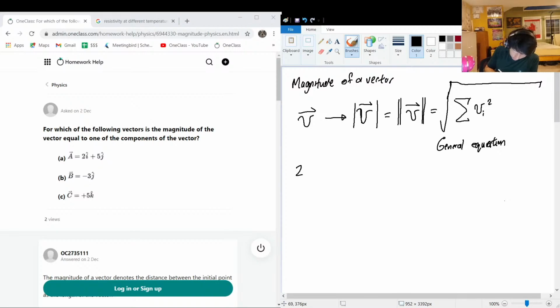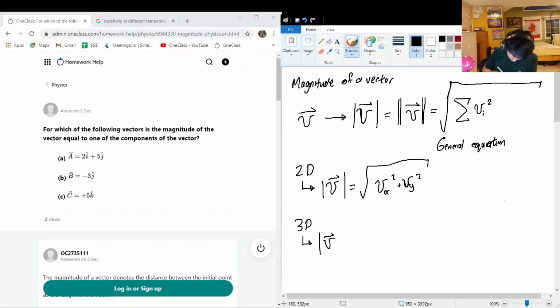But in 2D, the magnitude of the vector is really just a Pythagoras type of situation: the x component squared plus the vy component squared. And in 3D, of course, we'd have a similar looking thing, except we'd have 3 terms under the root: vx squared plus vy squared plus vz squared.